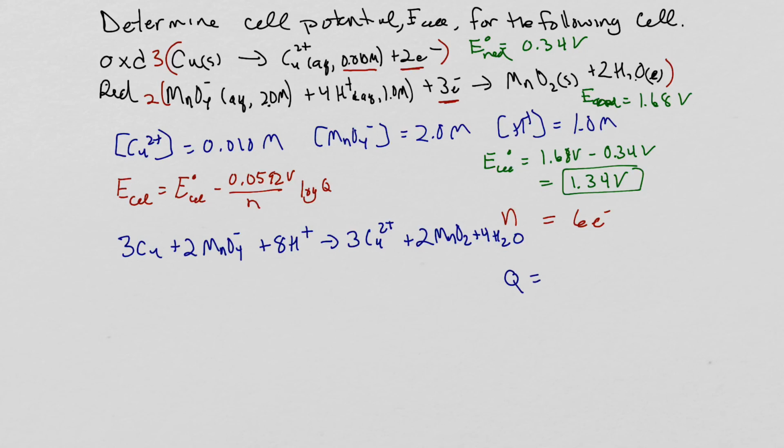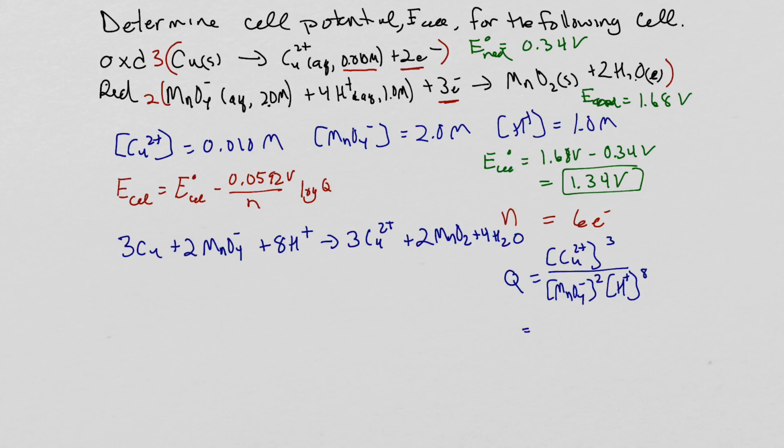So it's going to be our concentration of copper raised to the 3rd power over our reactants, permanganate, raised to the 2nd power, H plus raised to the 8th power.